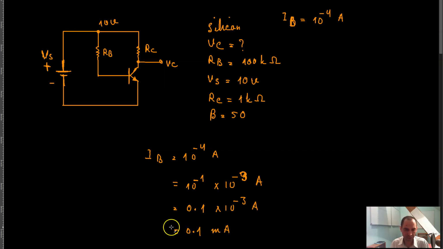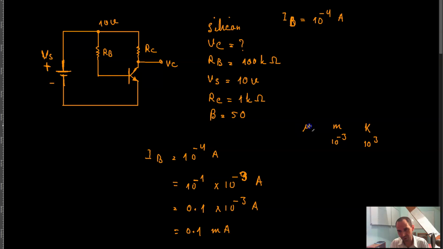But nobody talks about 0.1 milliamps. When your current is less than 1 milliamp, you have to jump to micro. You normally have kilo, which is 10 raised to the power 3. Then you have milli, which is 10 raised to the power negative 3.